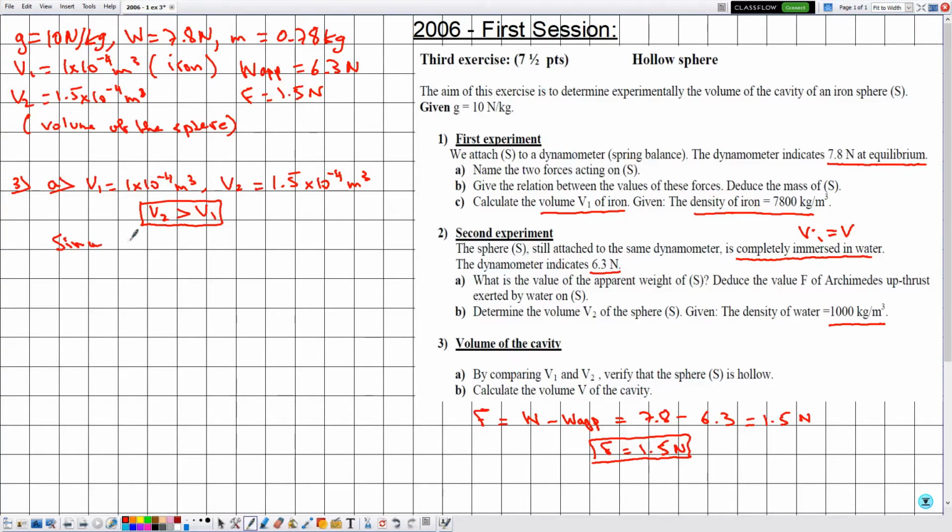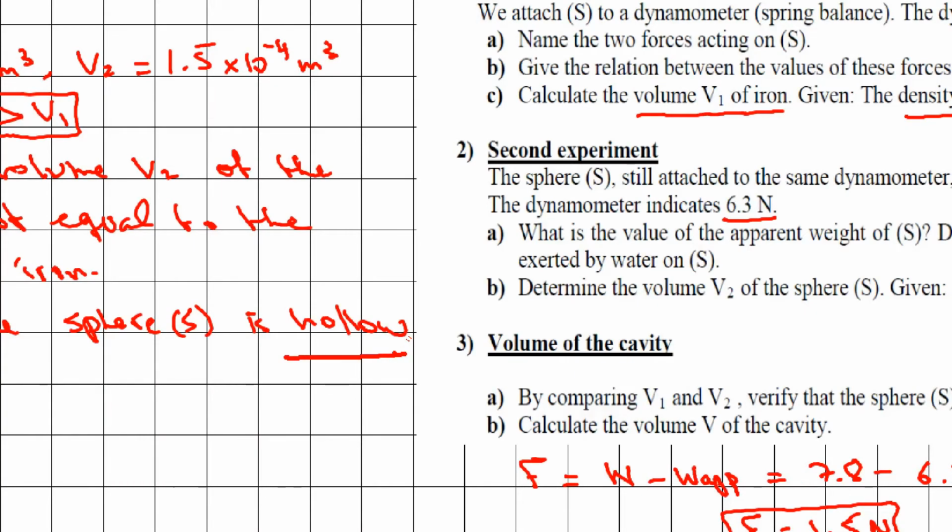Since the volume V2 of the sphere is not equal to the volume of iron, then the sphere S is hollow. And recall that by hollow it means it has a cavity.